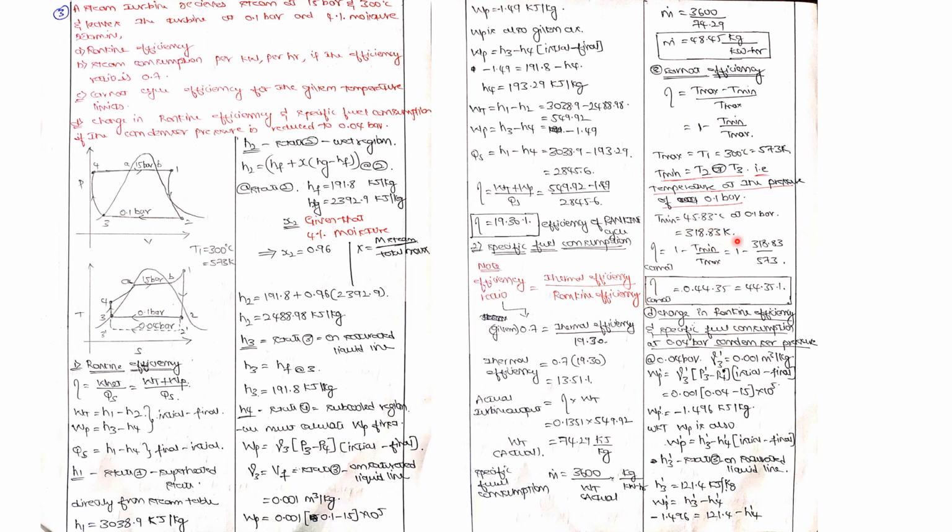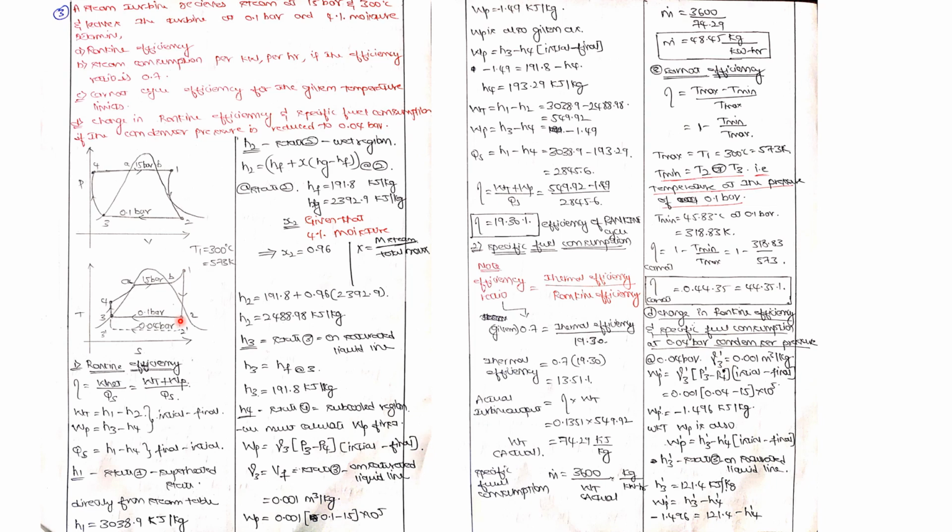After this, once you have calculated the Carnot efficiency, what is the next thing? Change in the Rankine cycle efficiency and specific fuel consumption if the condenser pressure is dropped to 0.04 bar. I think you can do it very easily. Whatever calculation you have made, H1 remains the same, but H2 will change to H2 dash and H3 will change to H3 dash. Even H4 will change because H3 is changing.